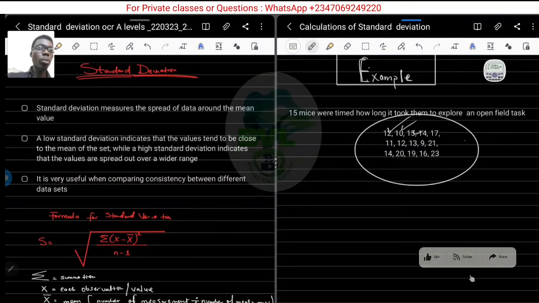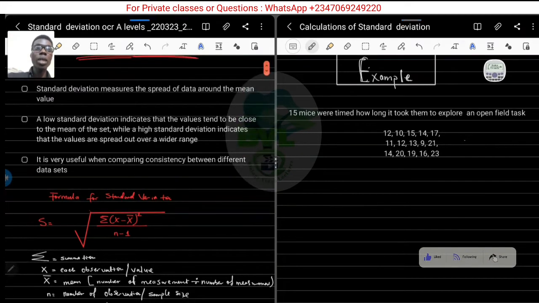All right. So basically, let me take you through the things you need to know here. The standard deviation measures the spread of data around the mean value. A low standard deviation indicates that the values tend to be close to the mean of the set. So if standard deviation is low, each of those values is closer to the mean.